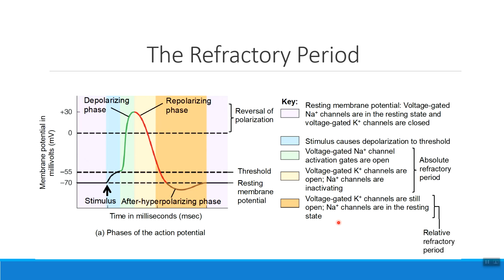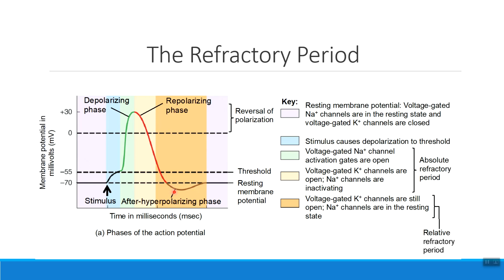But here's what makes it hard for us to get a message when we're in this relative refractory period. The sodium channels absolutely are ready. But at the same time that the sodium channels are ready and willing to make our charge go up, the voltage-gated potassium channels are also still open. And when voltage-gated potassium channels are open, my membrane charge is plummeting.